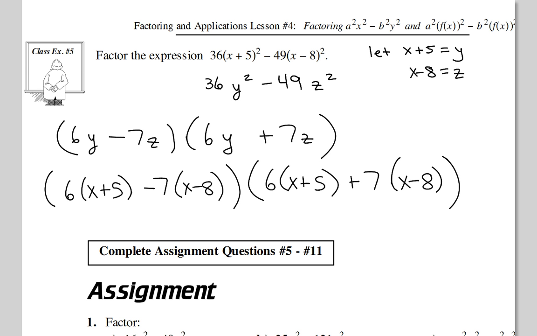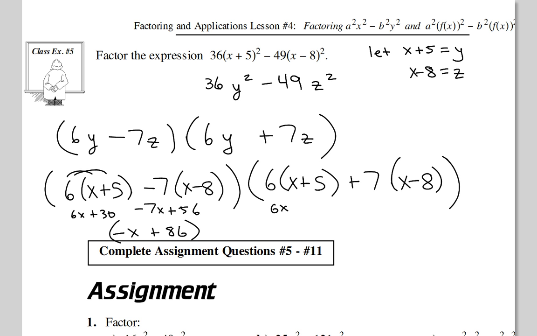Any issues with that? Now we're going to have to distribute in and simplify. We have a 6x plus 30. We have a minus 7x plus 56. Let's just quickly simplify this again. Negative x plus 86. There's that first one.